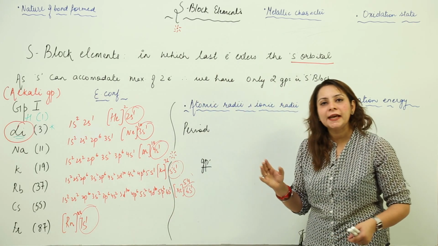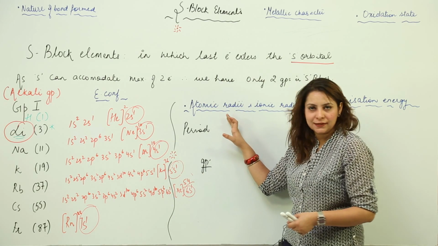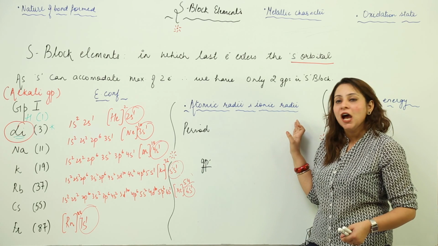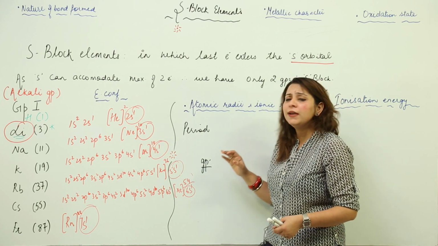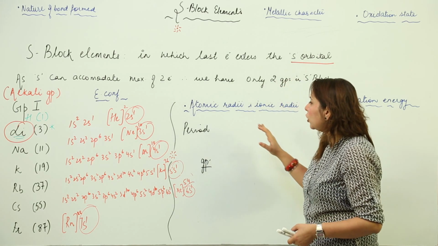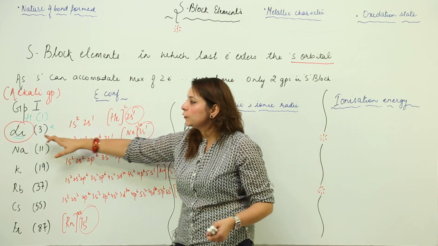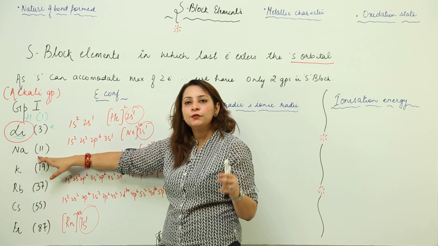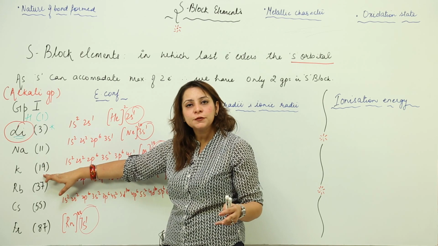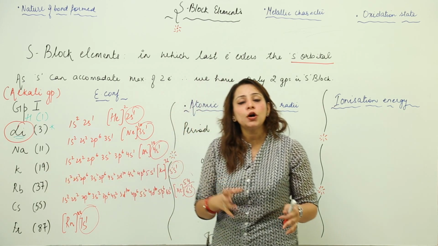Now moving on to the second property, that is the atomic size, that is the atomic radii and the ionic radii. When we talk of the atomic radii, lithium is the first member of the second period, sodium is the first member of the third period, potassium is the first member of the fourth period.